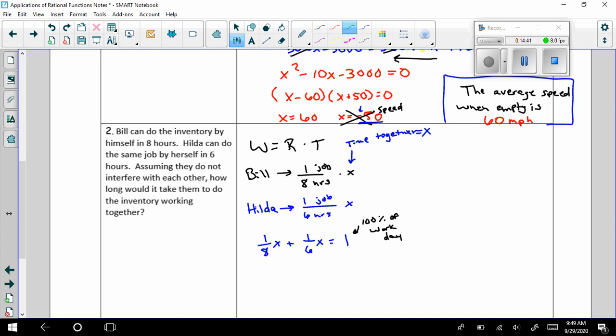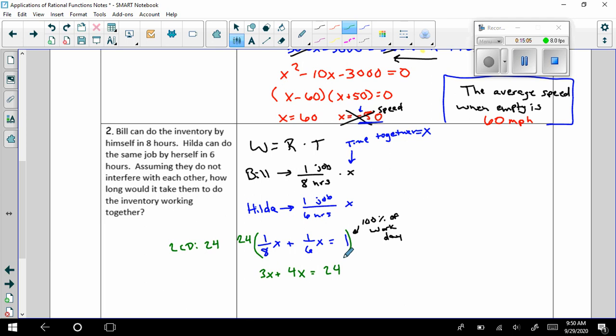So we're going to multiply through by the LCD. The LCD of 6 and 8 is the first number that they both go into, a common multiple, which in this case would be 24. So I'm going to multiply everything by 24, which cancels out your fractions. So 24 divided by 8 is 3x. 24 divided by 6 is 4x. And the right side equals 24.